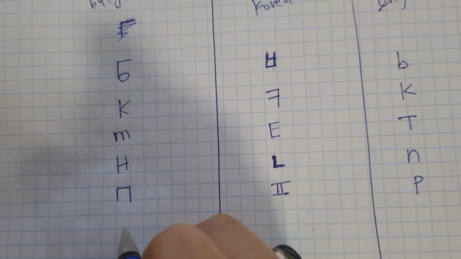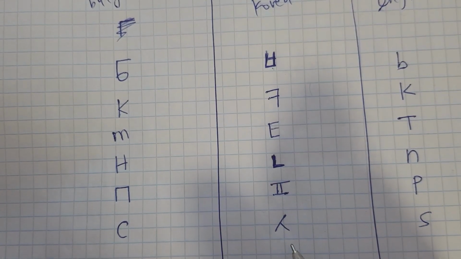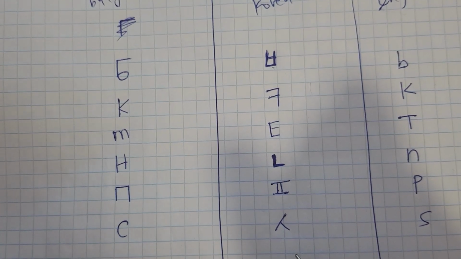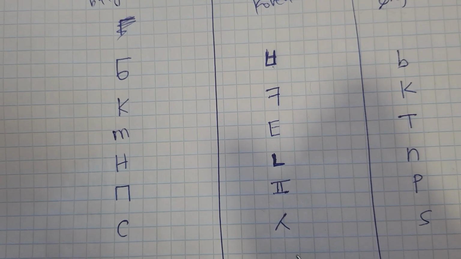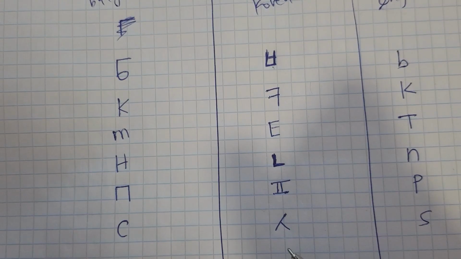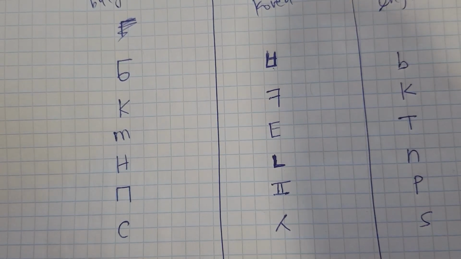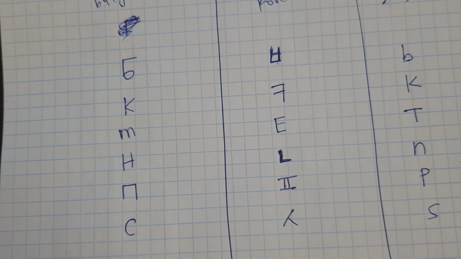Okay, let's do this. S, S, S. So it's not the strong S, it's the lighter one. You have to figure out what's going on inside your mouth, like how much pressure is going on there. You just have to do less of it. Okay, so let's just learn these 6 consonants today.